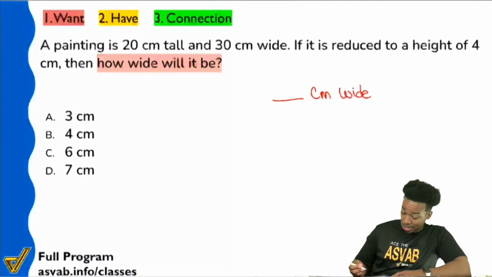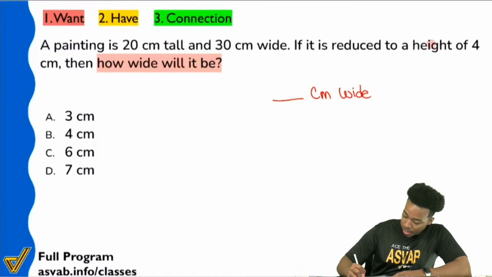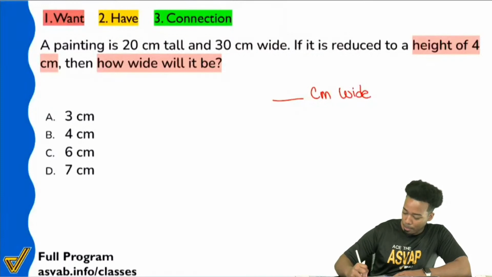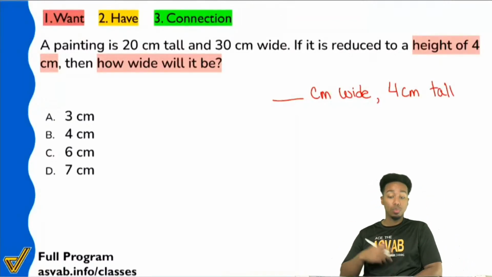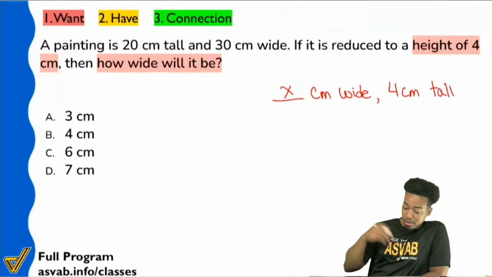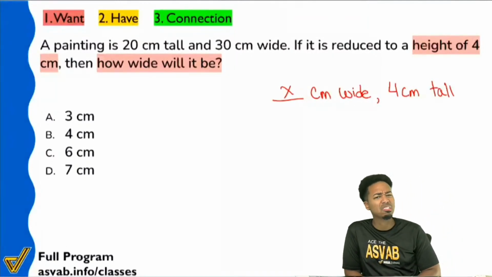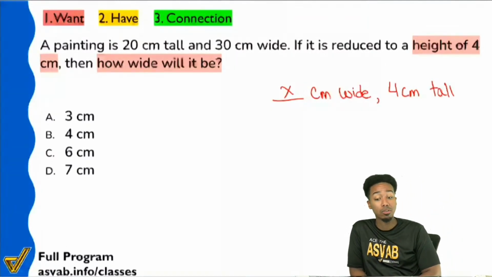So that connection is given to you right there. Reduced to a height of 4 centimeters. So blank centimeters wide, 4 centimeters tall. Is that fair to say to you, everybody? Again, we're looking for X centimeters wide. And we also know that this thing that we're talking about is 4 centimeters tall.